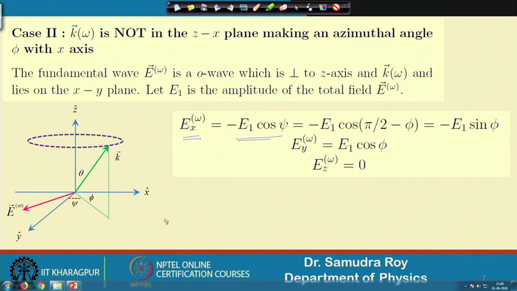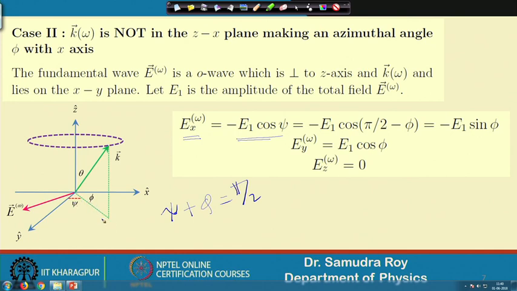If I write in terms of psi, psi plus phi is pi by 2. This angle is pi by 2, because it is the angle between the x direction and y direction, which are perpendicular, and also E is perpendicular to this plane. So, E is perpendicular to this dotted line.